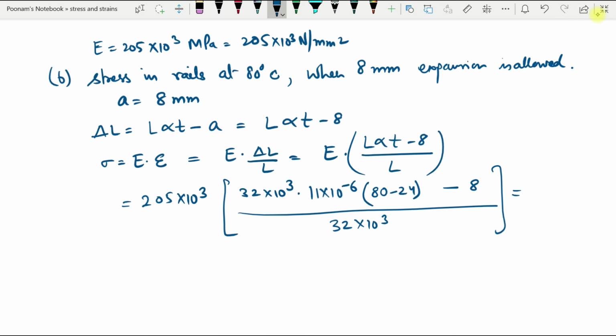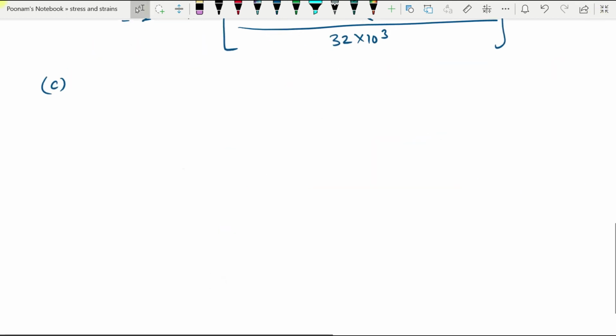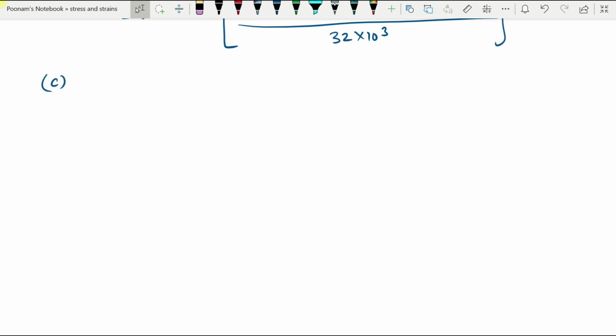After solving all this, I'll get sigma as 75.03 megapascal. Third case says that calculate the expansion allowance for no stress in the rails at 80 degrees Celsius.